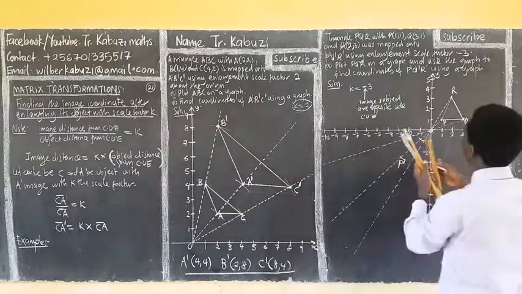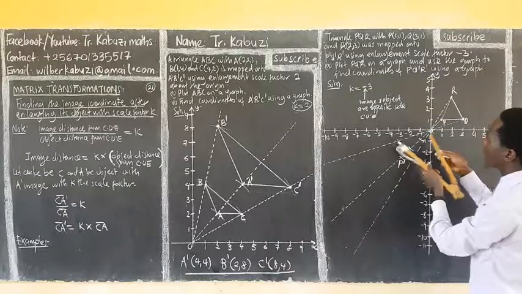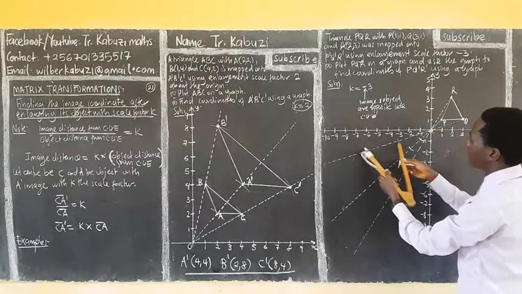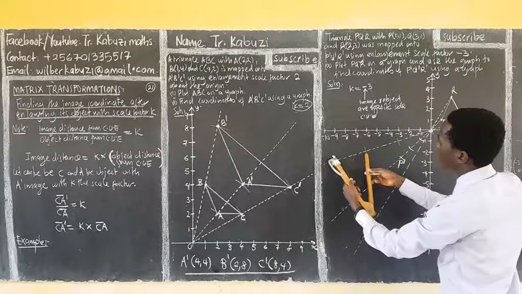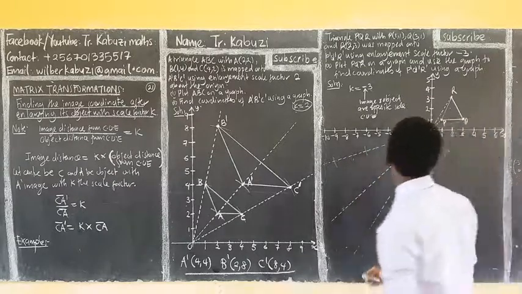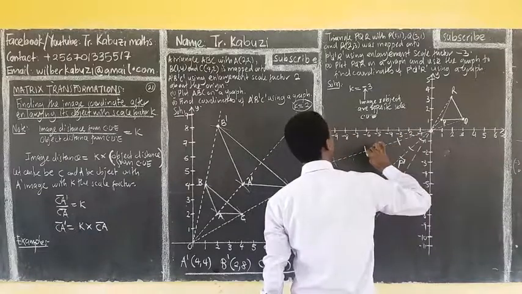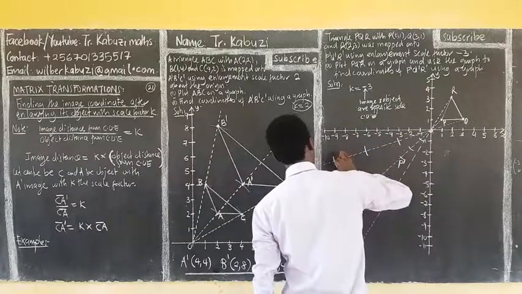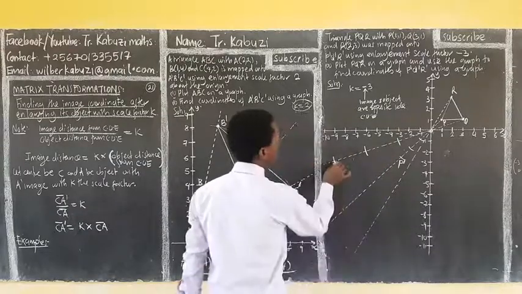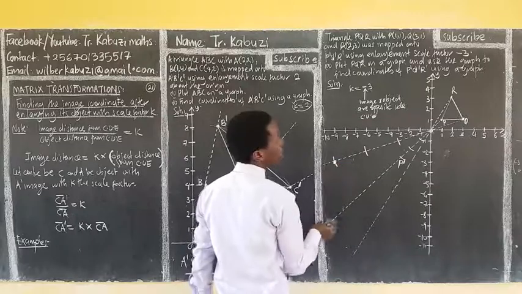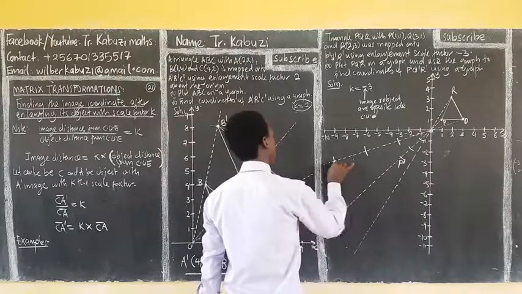So from the center I move 3 times: my first arc, the second arc, then the third arc. If it was 2, I would have stopped here, but there are 3. So this is where my Q prime is going to be.